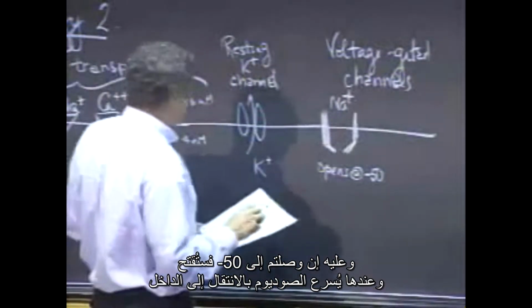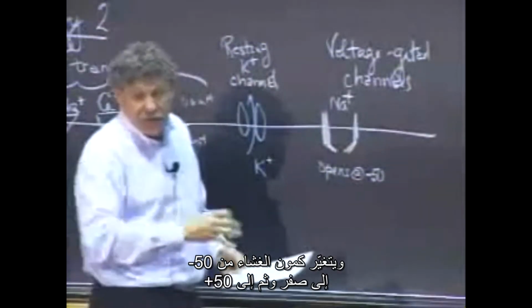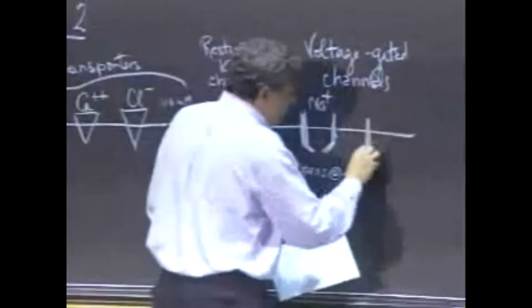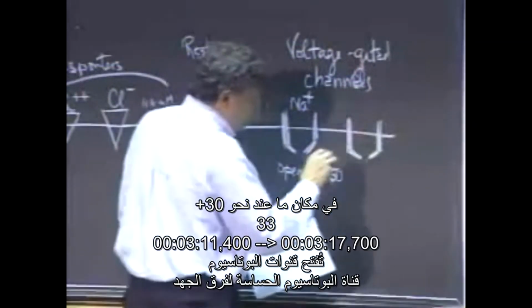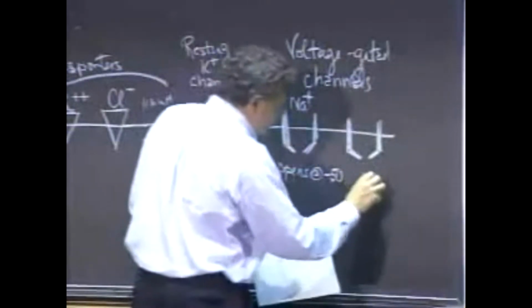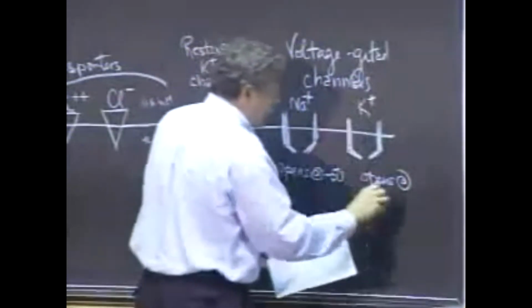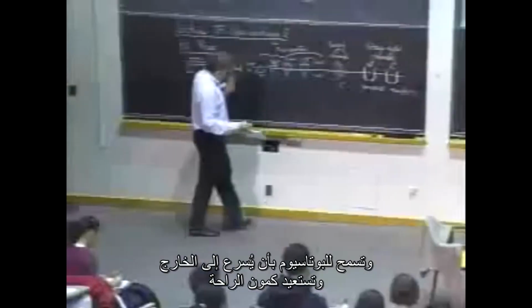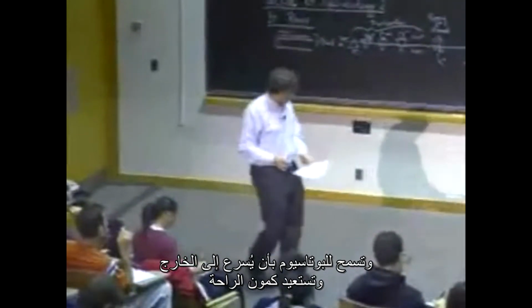Then your sodium rushes in. It shifts the membrane potential from minus 50 to 0 to plus 50. The channel shuts. Somewhere around plus 30 or so opens the voltage-gated potassium channel, and allows the potassium to rush out and restore the resting potential.